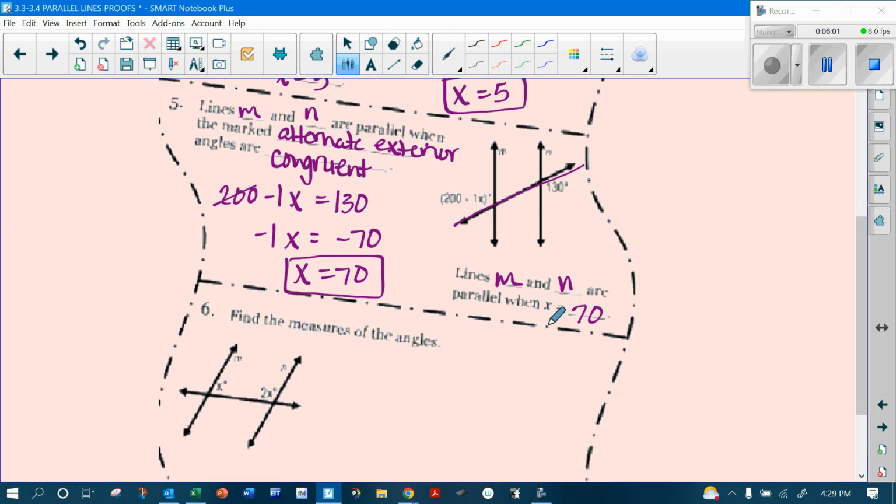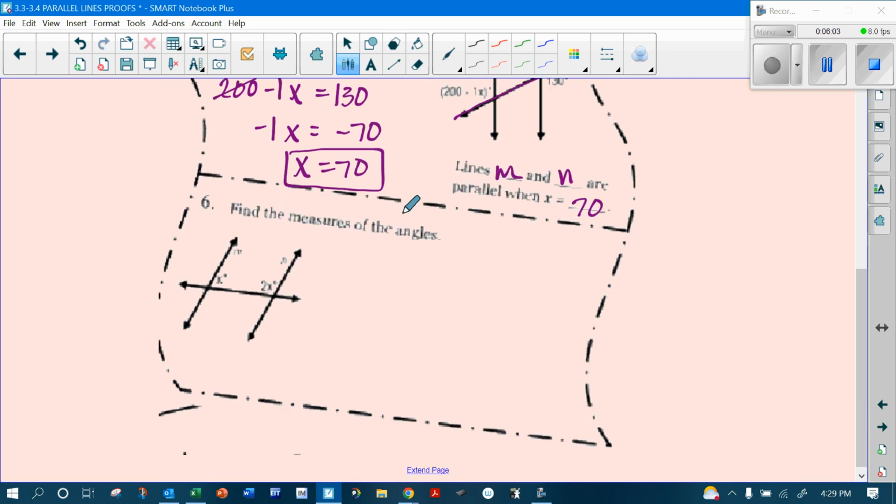All right. Next, find the measure of the angles. So now these are same side because this is my transversal here. So these are same side interior angles. So remember what I said about same side interior angles? Because of all the S's, same side interior angles are supplementary. So I'm going to add these two things together.